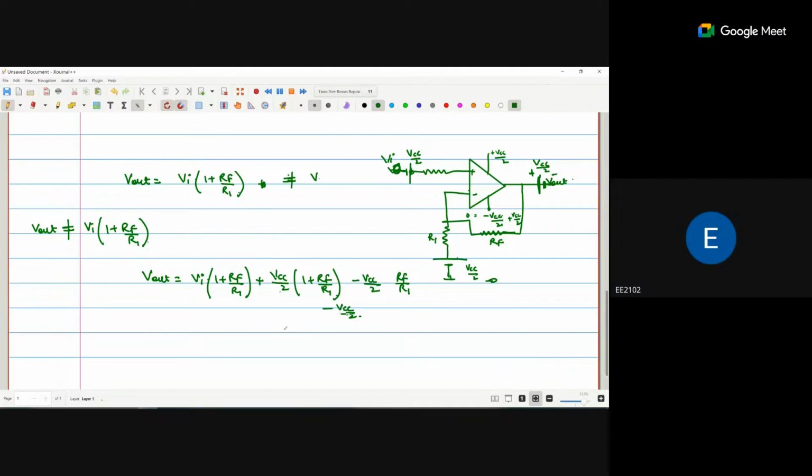So this VCC by 2 times RF by R1 cancels out, and VCC by 2 multiplied by 1 cancels out with this one. So at the output voltage we get the same, VI times 1 plus RF by R1. Similarly, if you shift all the levels by the same voltage, there is no effect.